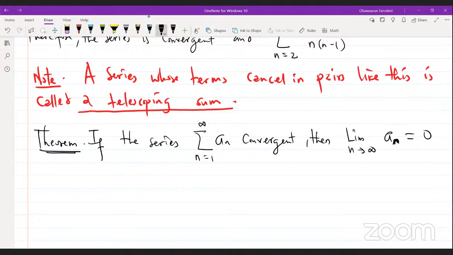Okay, if a series is convergent, then the limit of a sequence is 0. Take note of that, guys. Now, the limit of a sequence and the limit of its partial sums are not the same thing.